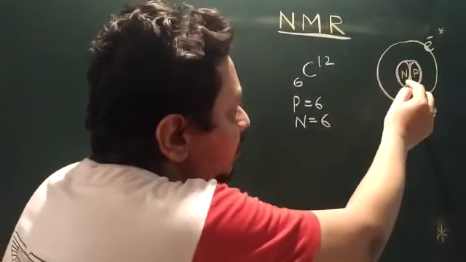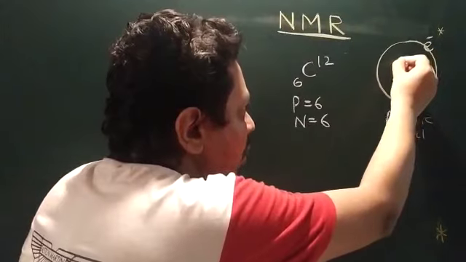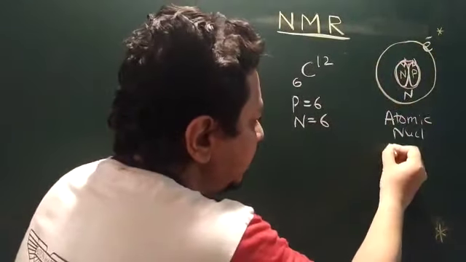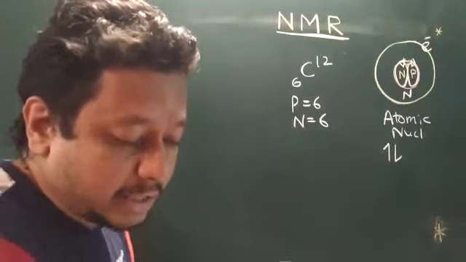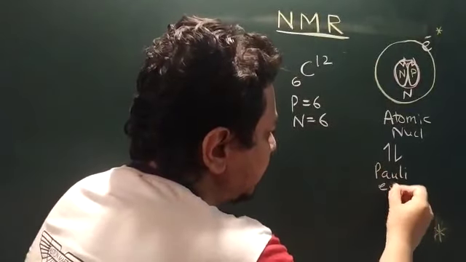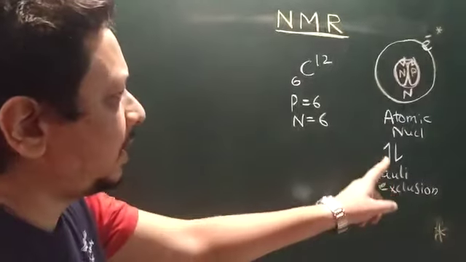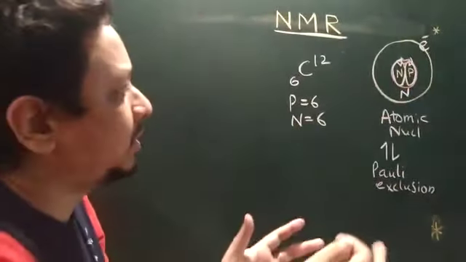Normally, in a nucleus, protons and neutrons are held together in opposite spin. If you see, their spins are opposite, like electrons, which are always present in opposite spin as per Pauli's exclusion principle. So like this, the nucleus has neutrons and protons always in opposite directions.